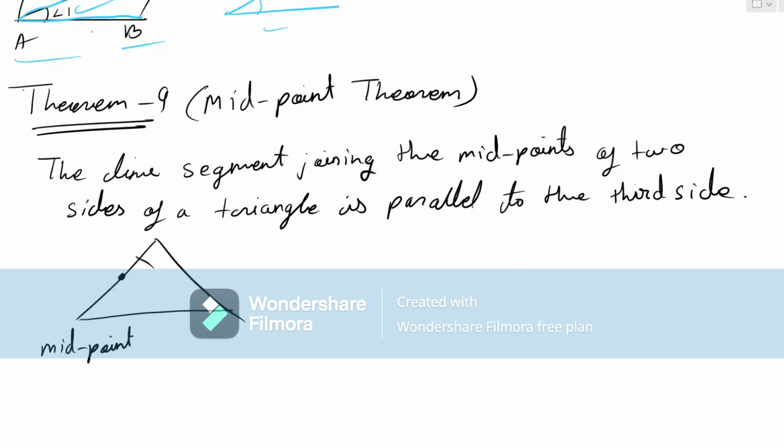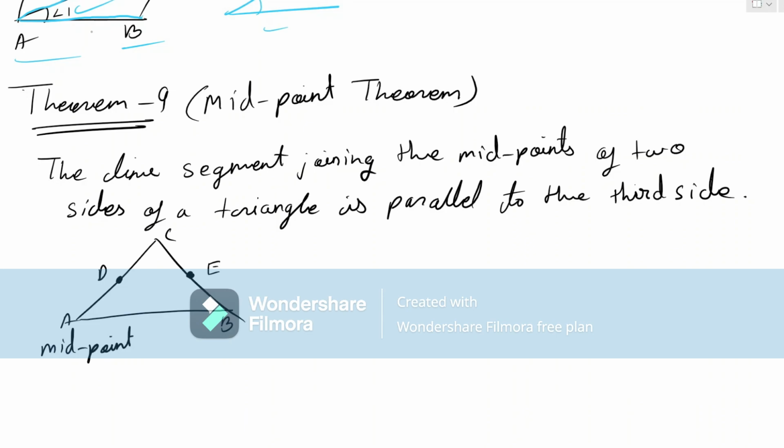That means this side is equal to this side, right? That is called a midpoint. So here we have drawn the midpoint like this, and here another one. Let's name them D and E, and also let's name the triangle.